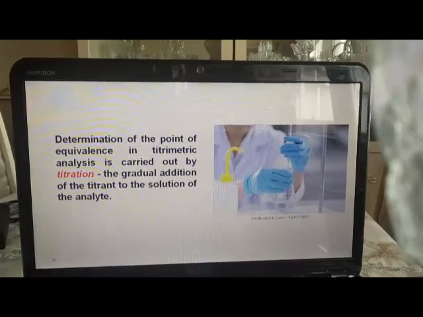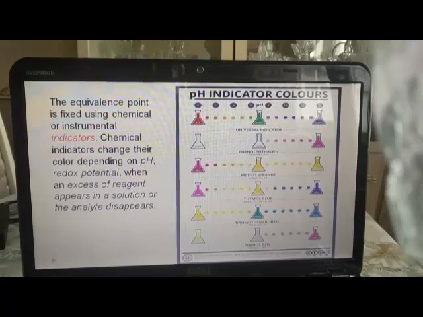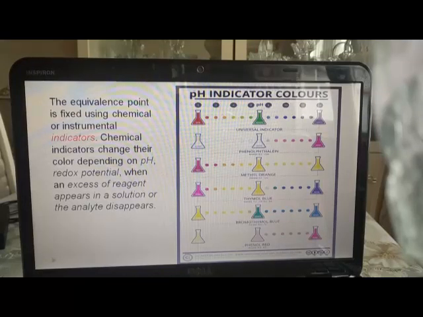Determination of the point of equivalence in titrimetric analysis is carried out by titration, the gradual addition of the titrant to the solution of the analyte. The equivalence point is fixed using chemical or instrumental indicators.